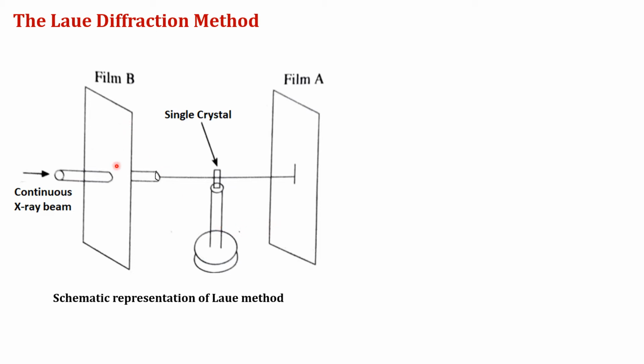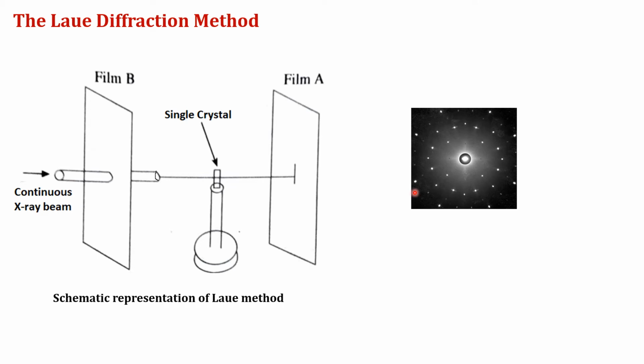Here film B records the back reflections, and film A records the transmitted X-rays from that crystal, and it gives a resulting pattern. That pattern we call the Laue pattern.